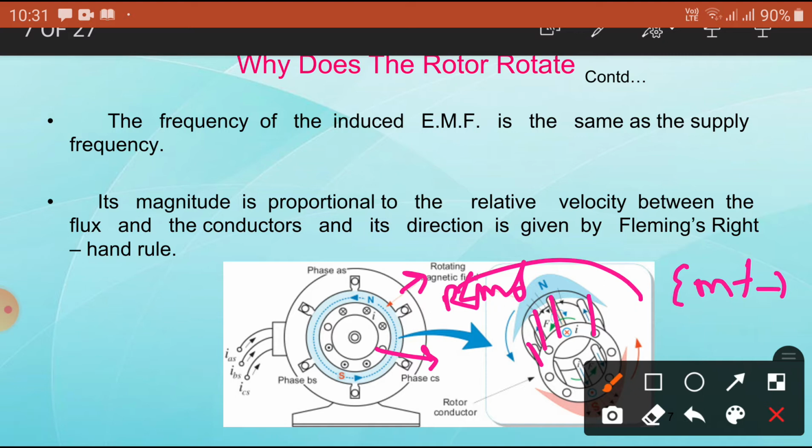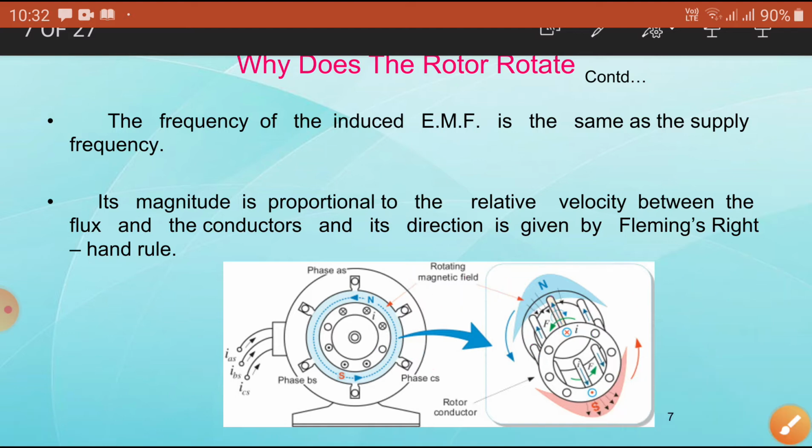So now what will happen? The induced EMF in the rotor we can easily identify by Fleming's right hand rule. That indicates the direction of the current induced in the rotor conductors. You can see here also directions are given in the rotor.